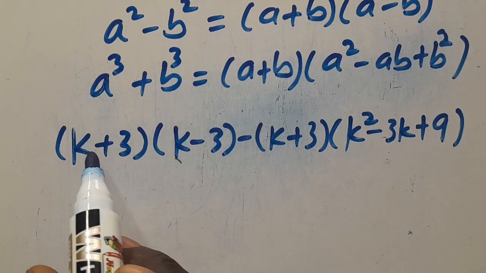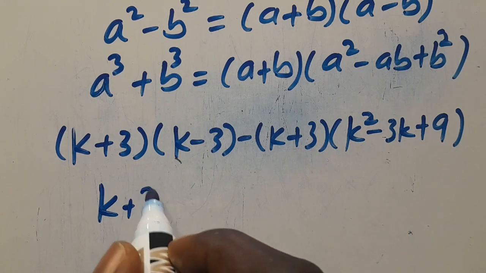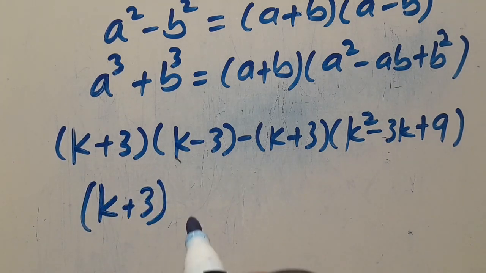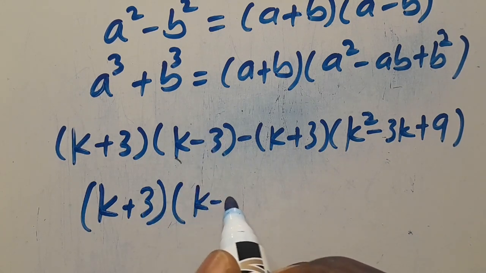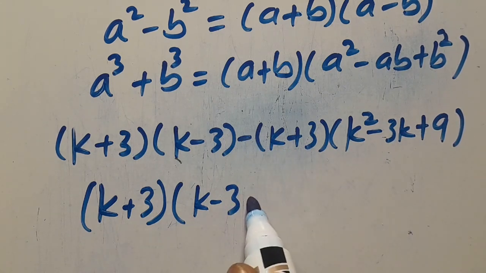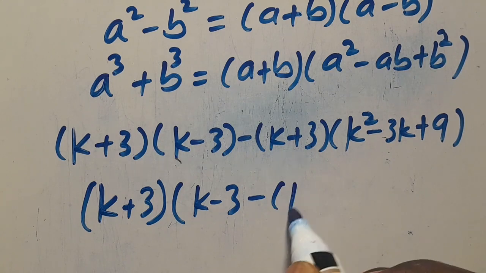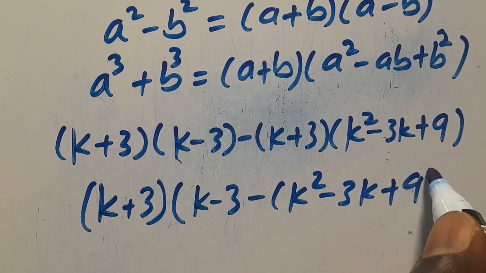So from here we have k plus 3 in common. We can factor it out, and here will be k plus 3, all in parentheses, open bracket. The whole of everything here divided by this, we only have k minus 3. Then the whole of this thing divided by this, we only have minus, open bracket, k squared minus 3k plus 9.